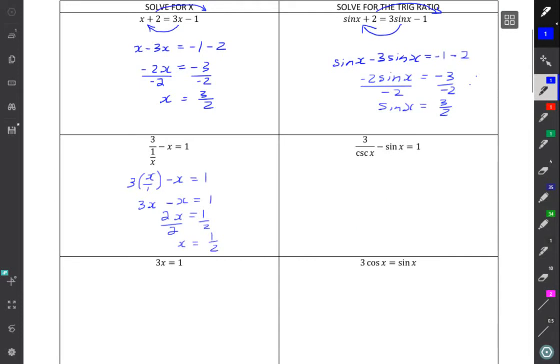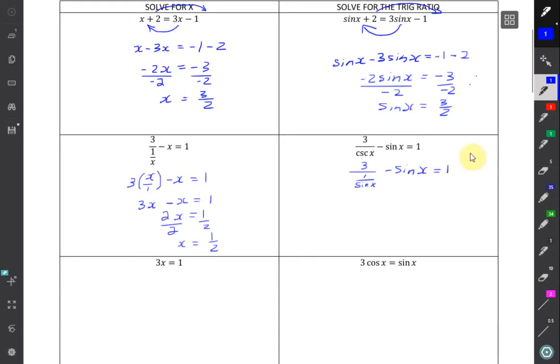Now, as I mentioned earlier, on this side, there is an extra step that we are going to have to do. We're going to take cosec x and replace it with 1 over sine x. 3 over 1 over sine x minus sine x is equal to 1.